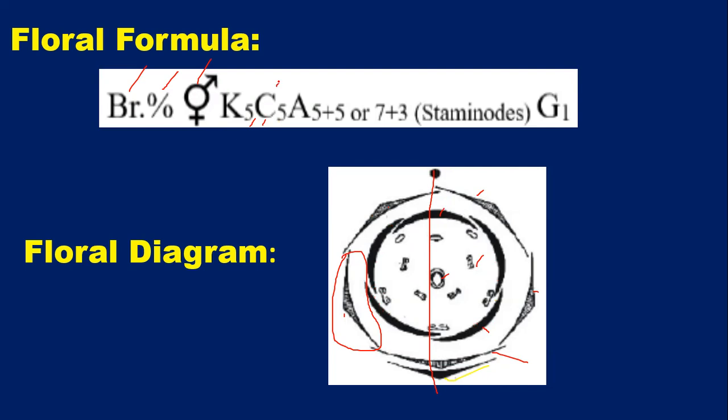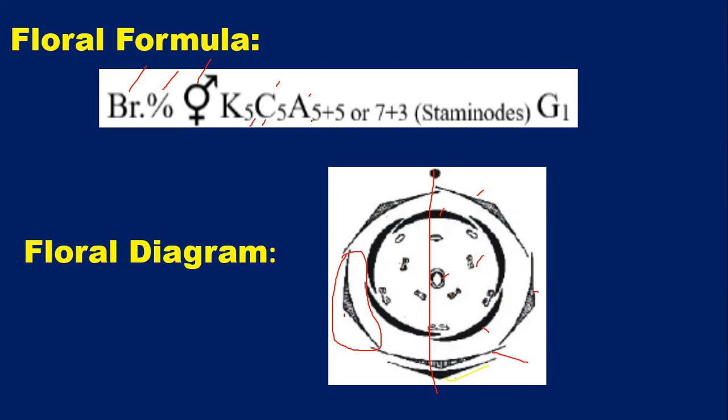Both calyx and corolla have imbricate aestivation. Petals are also not united, so that's why 5 is given without brackets. Then androecium, that is 5 stamens. 5 stamens are arranged in the inner whorl. The next 5 stamens are arranged towards the outer whorl.